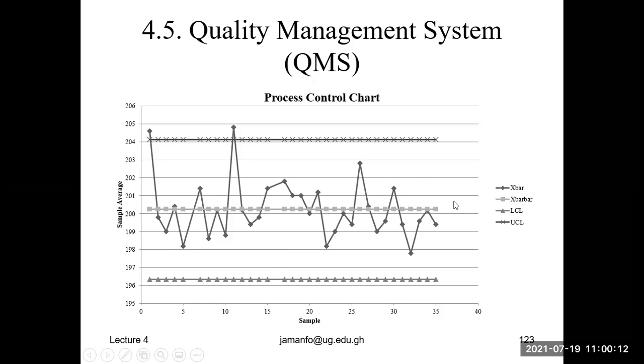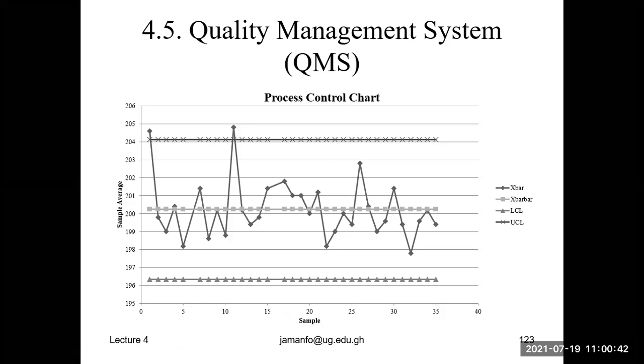So this is what we are referring to. So the X bar, this is our X bar. And then this one is our, see the indicators here, our lower control limit. This is our lower control limit. And that's our upper control limit.